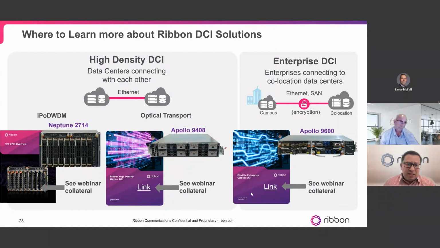On the high density side, there are two main platforms that I'm touching on here. One, depending on the preference of the particular cloud provider and looking at how they're simplifying their aggregation, whether at a layer 2 or an IP point of view, there are platforms that are newly introduced, Neptune 2714.